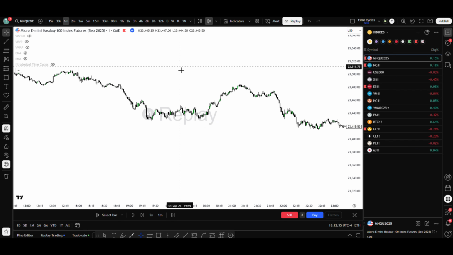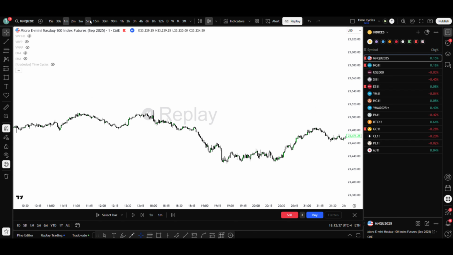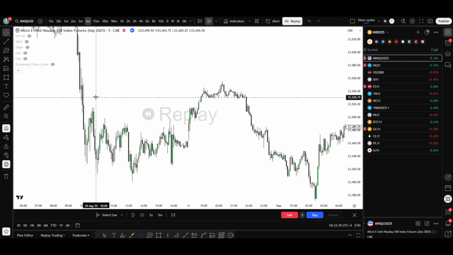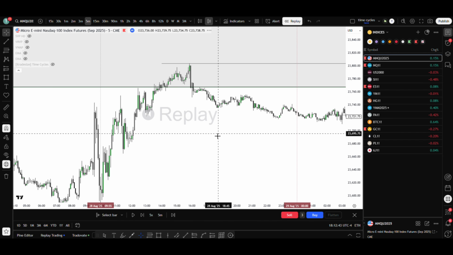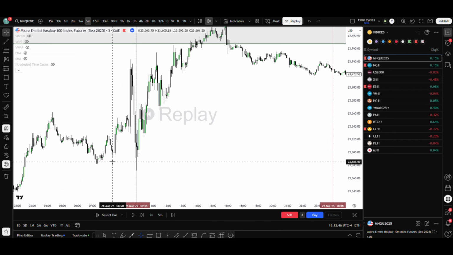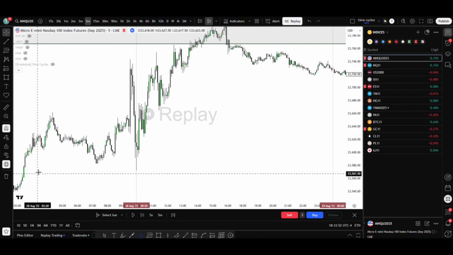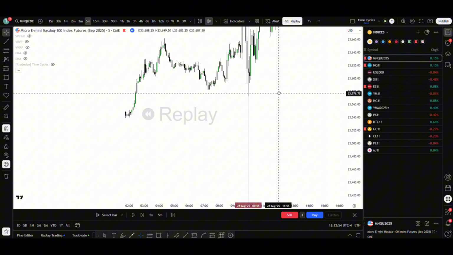Yeah, always watch for equal highs. It's such a strong signal that they are going to return. And with they, I am obviously referring to smart money. Look at this one. Sweep into the imbalance. Price moves up.